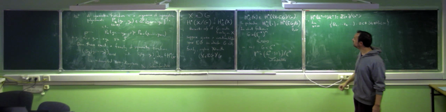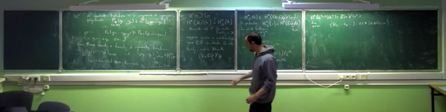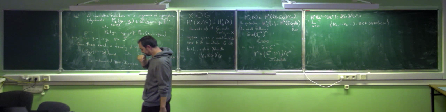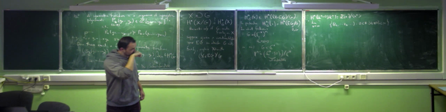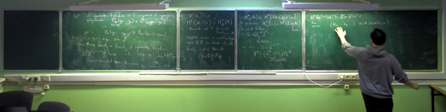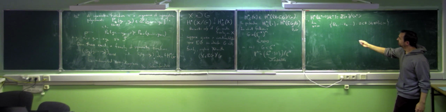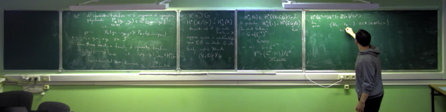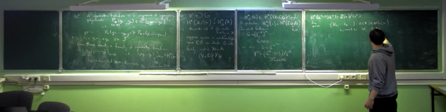That's a reasonable limit of n going to infinity. That I claim is contractible. And it still has a C star action, which is just, again, multiplication by the same action of C star.